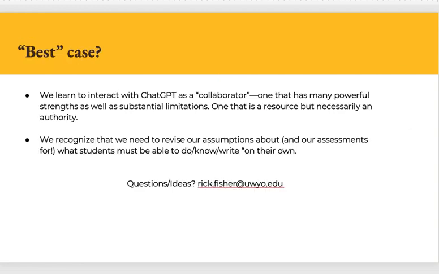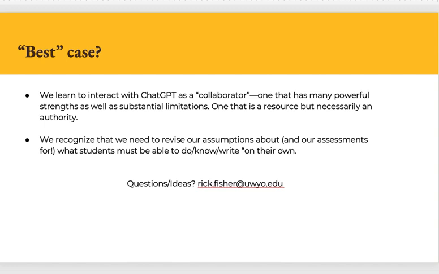So what is the best case? For me, right now, and this may change, I think that we learn to start thinking about ChatGPT as a collaborator. That is the term that comes to mind as I interact with ChatGPT, and I like that one because it allows me to see, just like all of the human collaborators that I work with, that it has many powerful strengths, but it also has limitations.